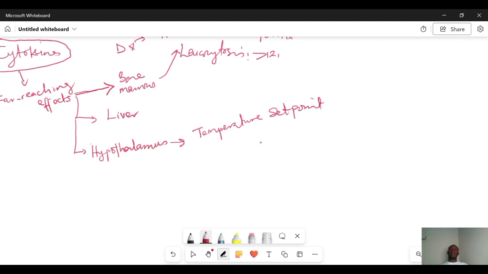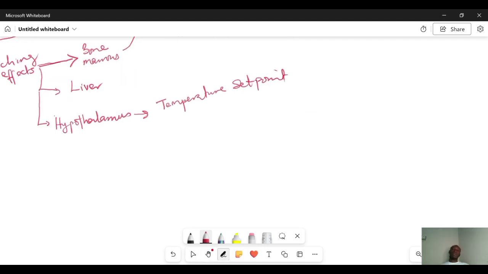Right, temperature set point. Now, this temperature set point is like a switch. It is the point where the body decides that this is the normal temperature I want to function and I want to be in. Right. Okay. So we can use a graph. So let's use a graph and see.